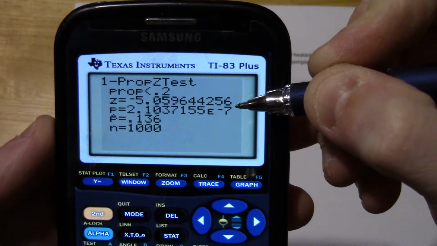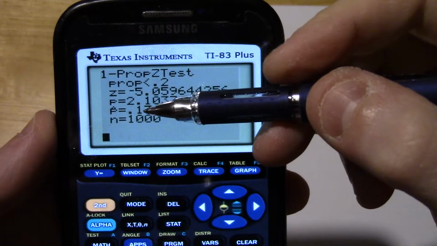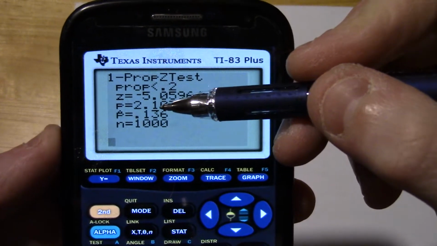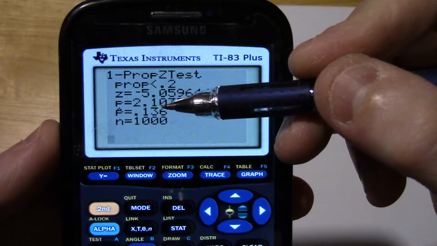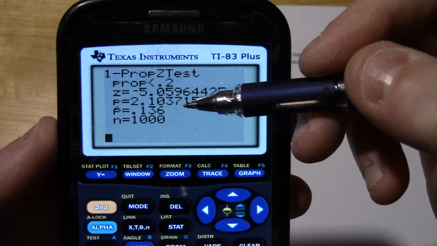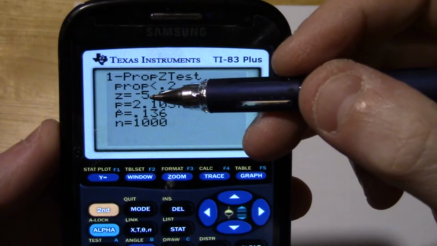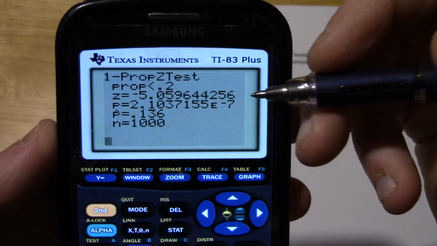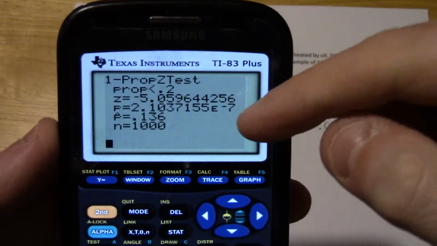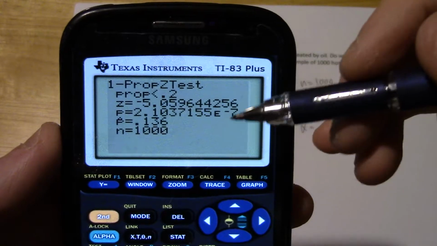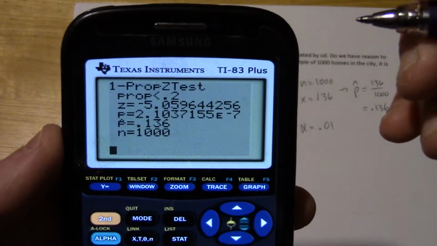They're pretty different. The p-value, you have to read carefully in this case. It says 2.1. However, a p-value is a probability, so it can't be 2.1. At the end we have that e to the -7. We need that, so don't ignore the e -7.